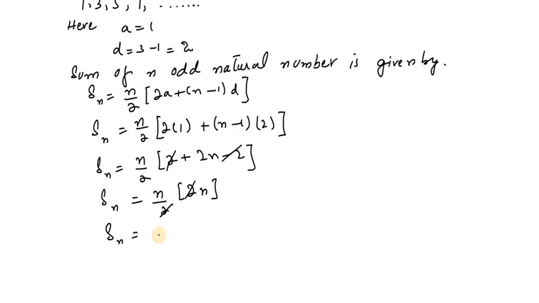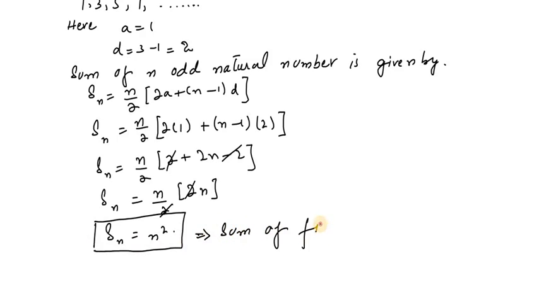So the sum of the n odd natural numbers is n square. This is the sum of first n odd natural numbers.